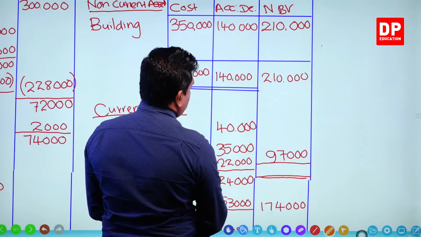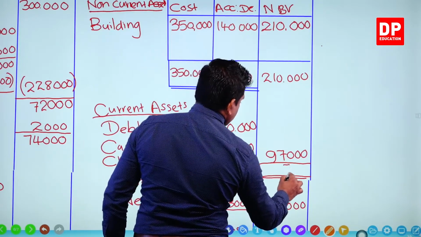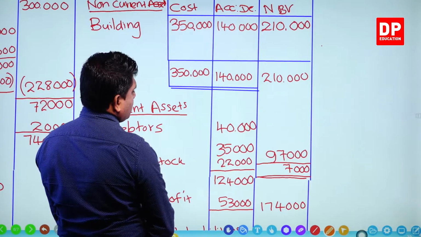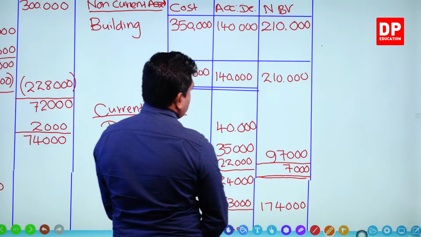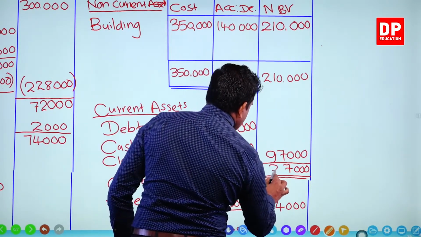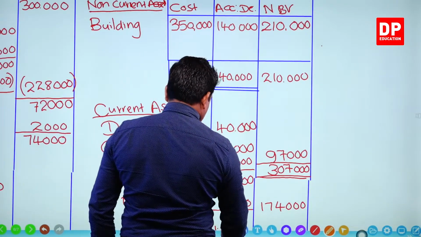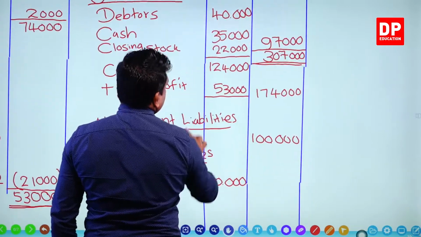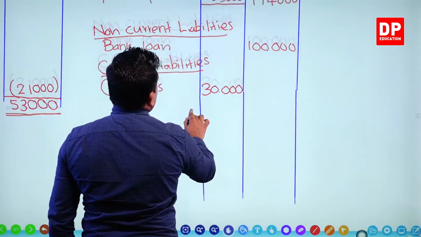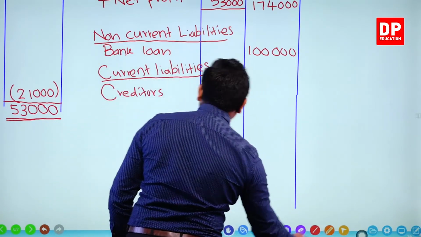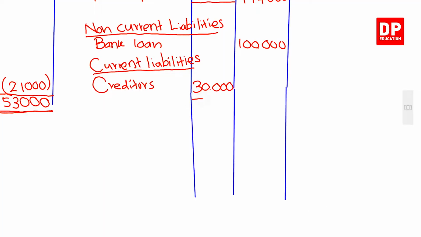See the total? 307,000 is the total assets. Now we go to the next, liability and capital area, right? Only one we have under the current liability is 30,000. Now see the total.